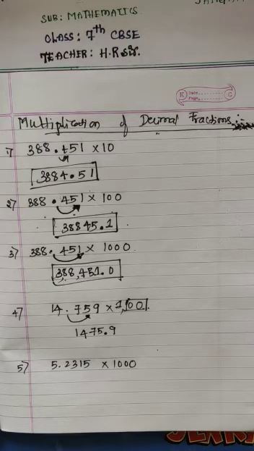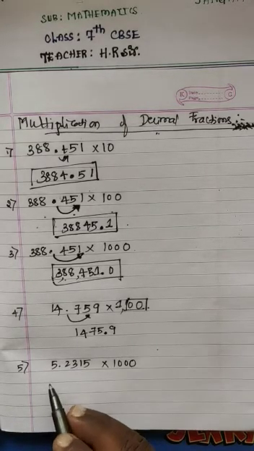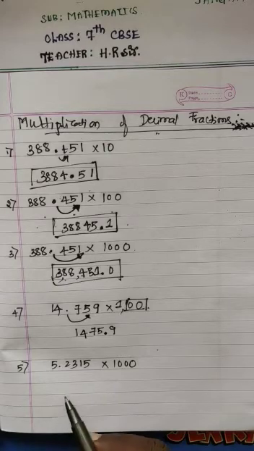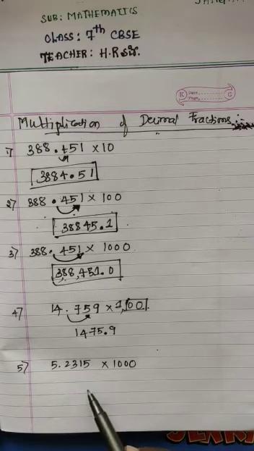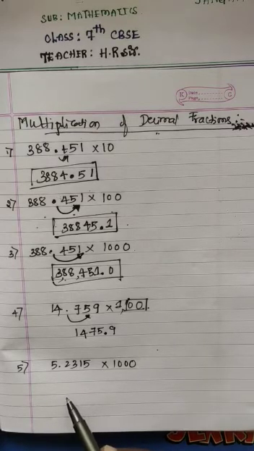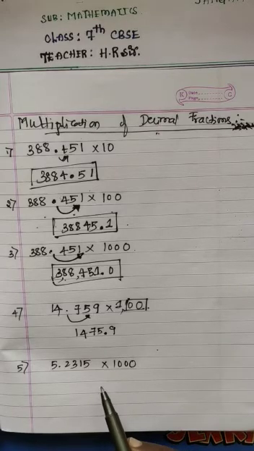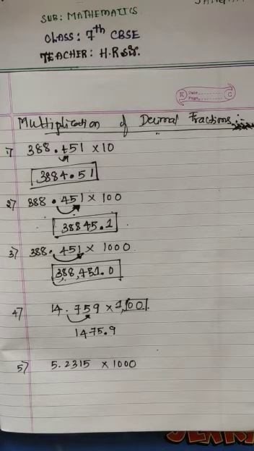Come to the next example, that is find 5.2315 into 1000. Here which is the integer part, children? Yes, 5 is the integer part, and after the decimal point we have 4 digits, that is 2315. When we multiply by 1000, the multiplicand is the given decimal fraction 5.2315 and the multiplier is 1000.